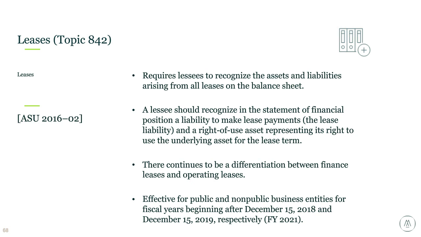There still continues to be a differentiation between finance and operating leases. This standard is effective for December 31st, 2020 for non-public business entities, and for 2021 for fiscal year-end entities.